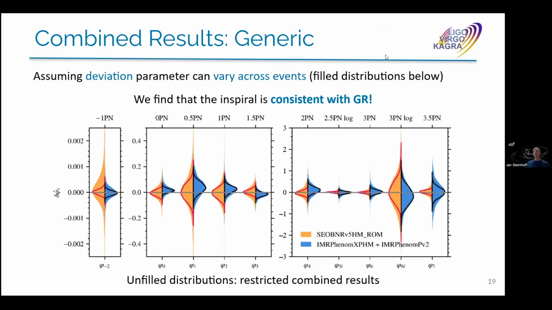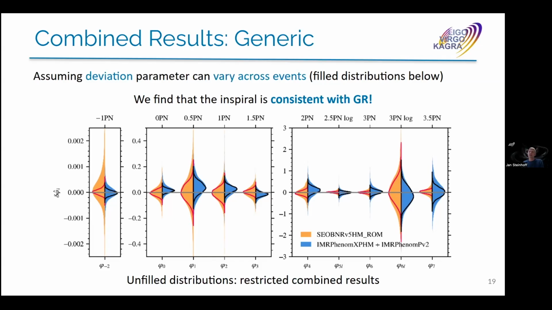Thank you. So here we show combined results with the more generic method, where the deviation parameter can vary across events. The previous result with the restricted method is still shown in the unfilled distribution for comparison, while the filled distribution is the more robust analysis. And you see the bounds are a bit broader.